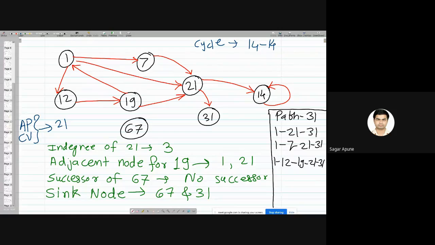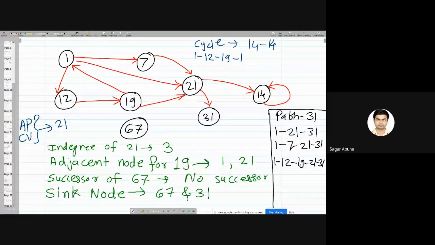1-12-19-1. Okay, Saurabh Rajput posted 1-12-19-1. Okay, this is a cycle, the second cycle. Next another cycle is there. We can term it as 19-1-12-19 again, right?